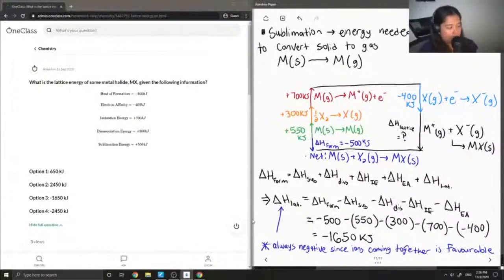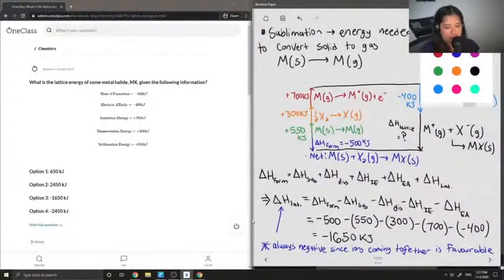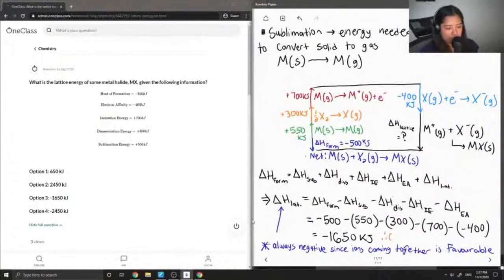So this is the same thing. 1650 is option C. Oh, 3, sorry. Option 3.